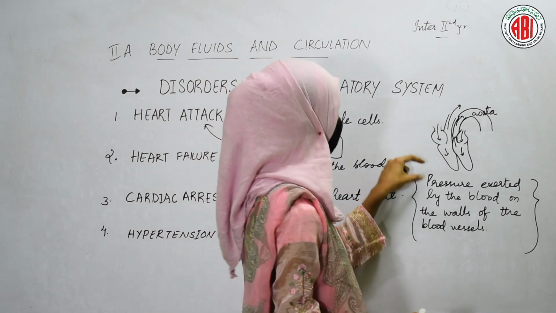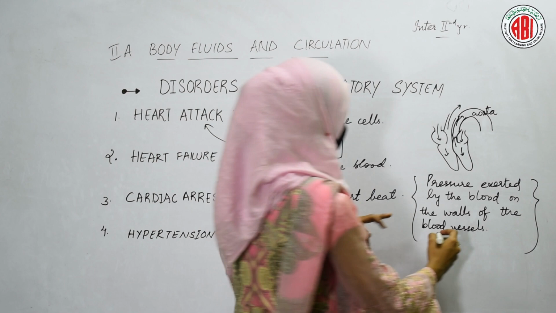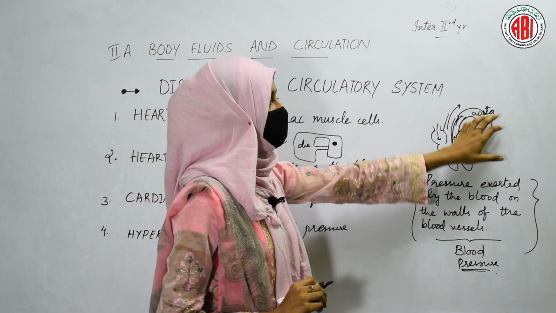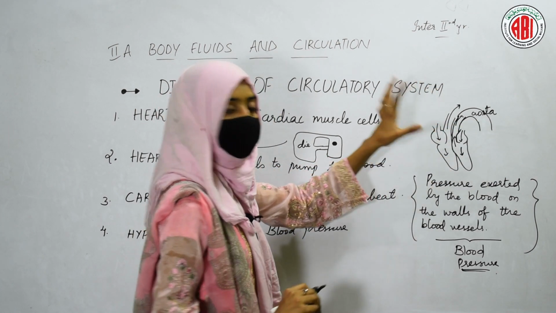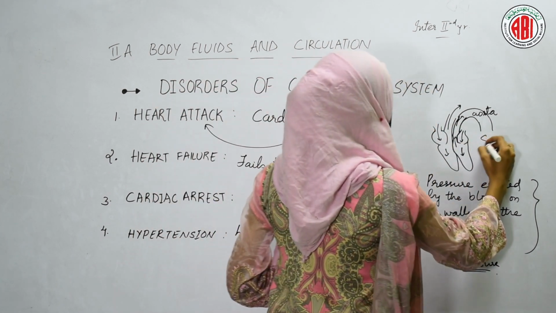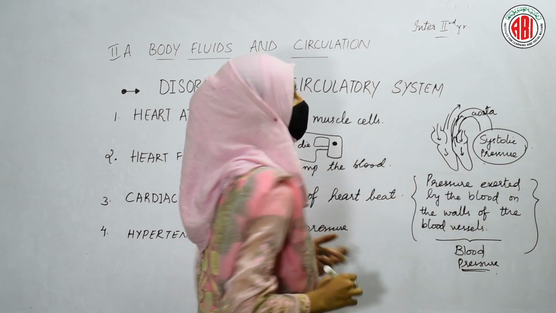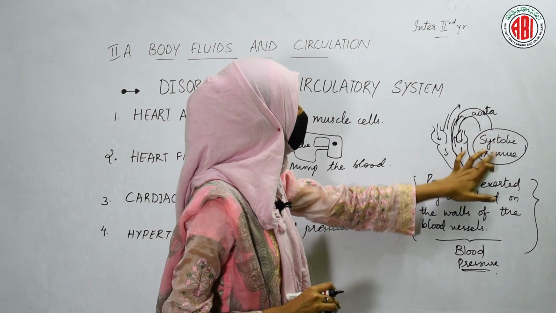Whenever the pressure is exerted by the blood on the walls of our blood vessels, we call that our blood pressure. When the blood enters into the aorta on the contraction of the ventricle, we call that pressure systolic pressure, because the pressure by the blood is exerted on the contraction of the ventricle.